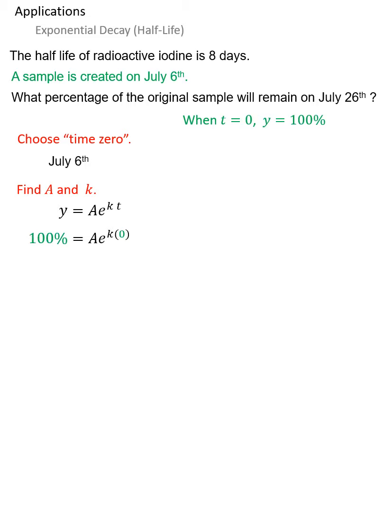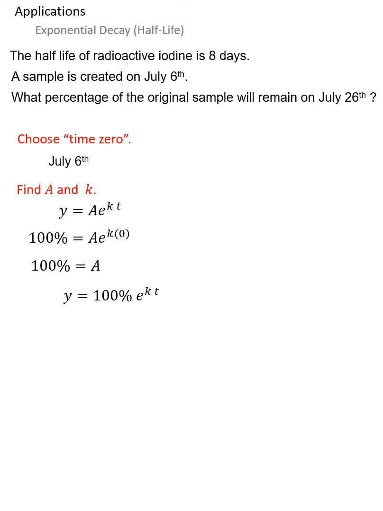I'm going to plug those into my formula, and that's going to allow me to solve for A, because, as we know, k times 0 is 0, e to the 0 is 1, and a times 1 is a, thus giving us the value of A. So in this problem, we'll use A to be 100%. So I can take my model and replace A with 100%. I'm now half done building my model. I have the value of A. I still need the value of K.